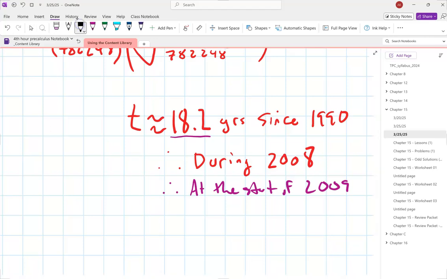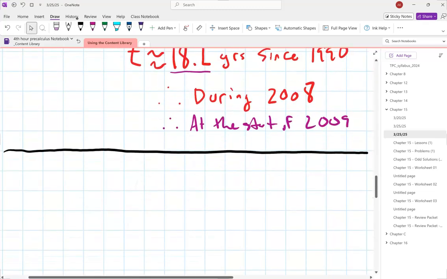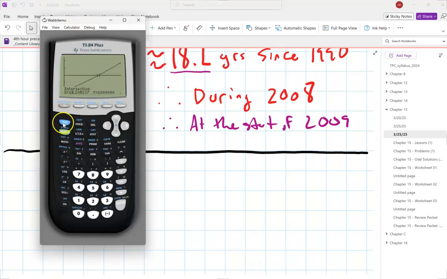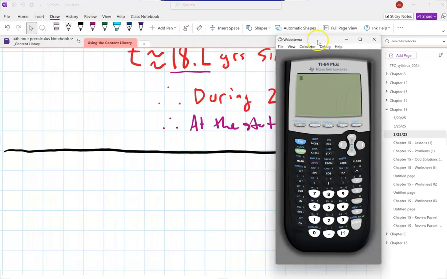Now, there's one little problem with what we did here. If I wanted to, I could use that model that we had just made to predict what the population would be in, say, like 200 years or something, right? Or 1,000 years. Everybody agree? So let's say we did that.